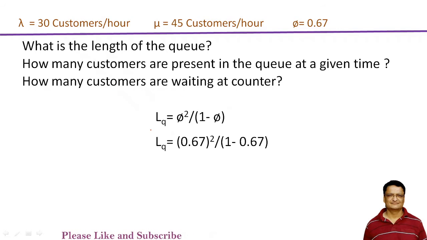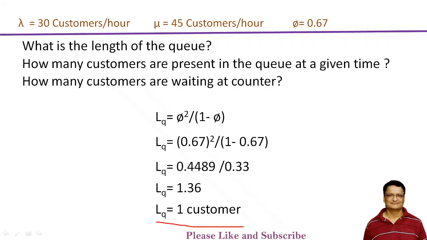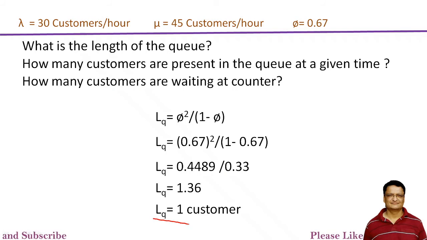If you put all the values, you will get the answer. Now you can notice that the number of customers waiting in a queue is 1. In the earlier question we have seen that the number of customers present in the system was 2. So the number of customers waiting in a queue will always be less than the total number of customers in that system.